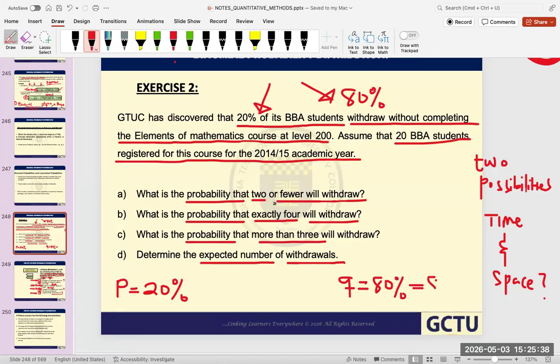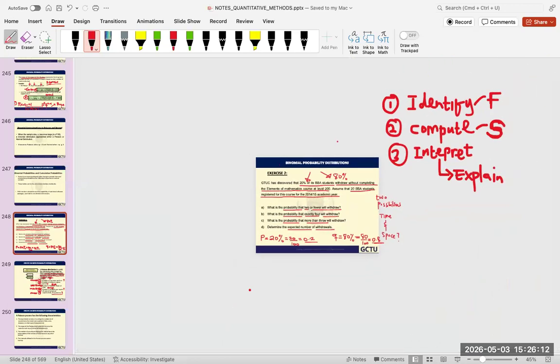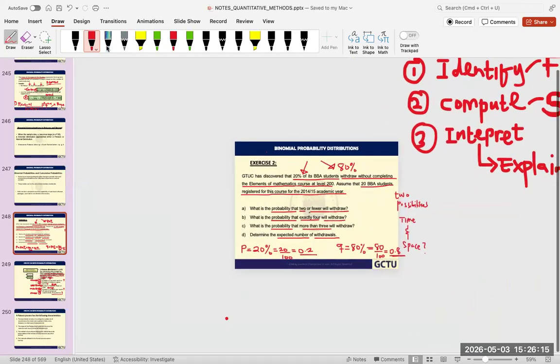So Q, 80% is the same as 80 divided by 100, and this becomes 0.8. Then P, 20% is 20 over 100, and this becomes 0.2. So the P and the Q has given you an idea of which formula we need to use to solve this problem. And that is how to start.